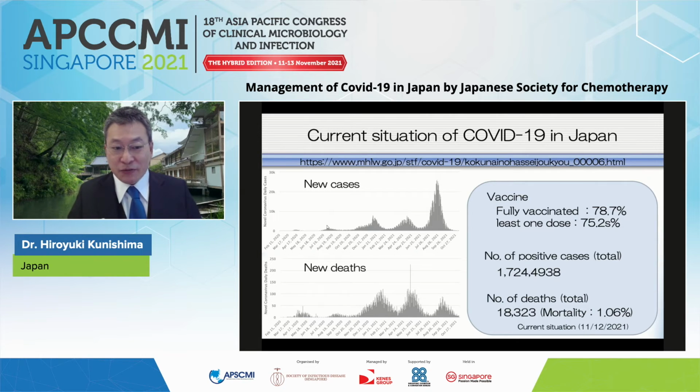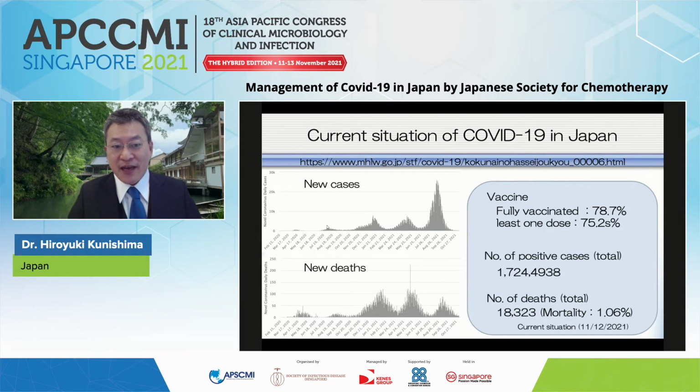In 2020, there were many deaths of elderly persons. Vaccination began in spring this year. Since the summer, there have been more cases among unvaccinated younger people.